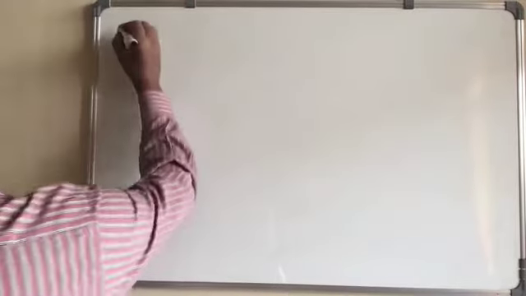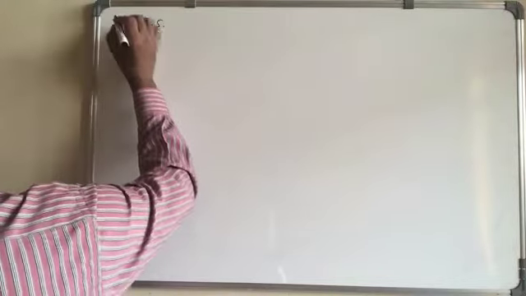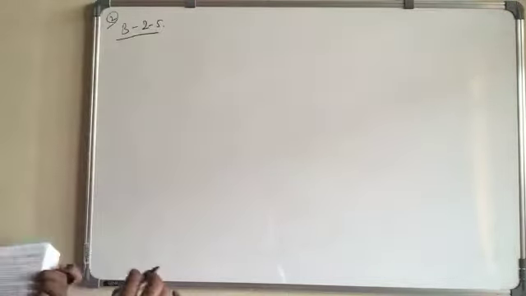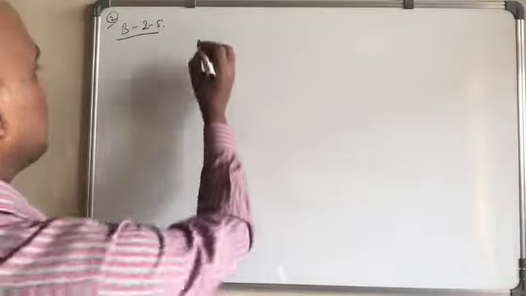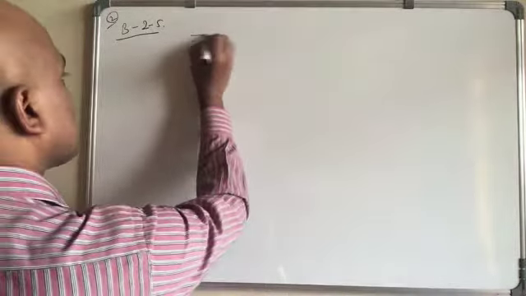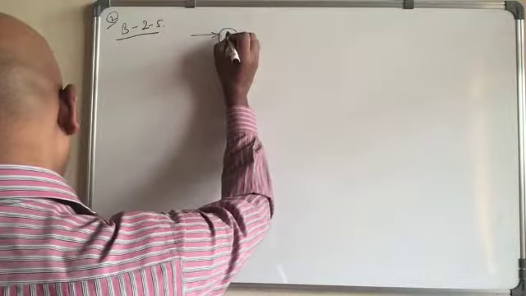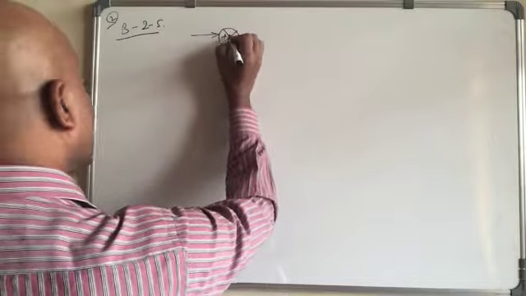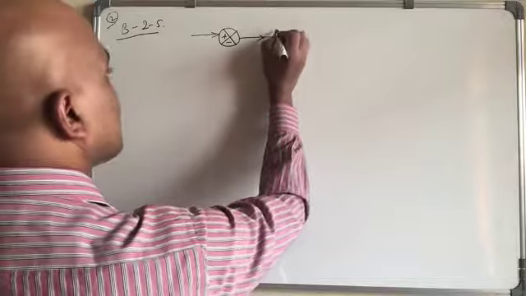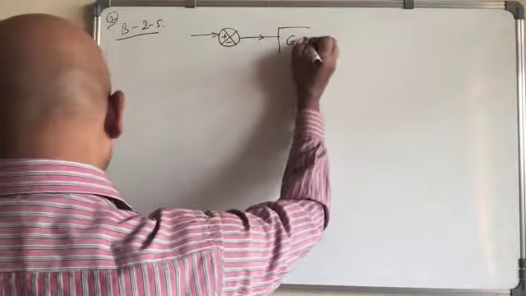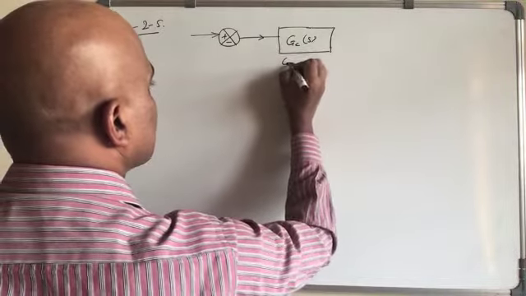Now I'm going to solve B25 from chapter 2. Okay, so here there is a control loop given. So this is plus minus, and here you have GCS, which is a controller.